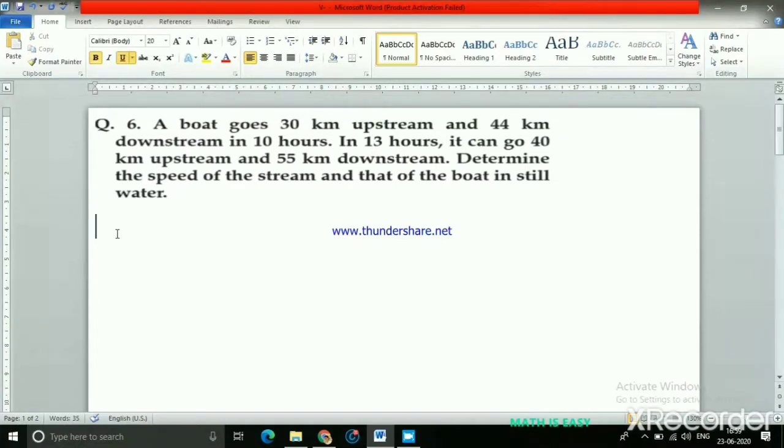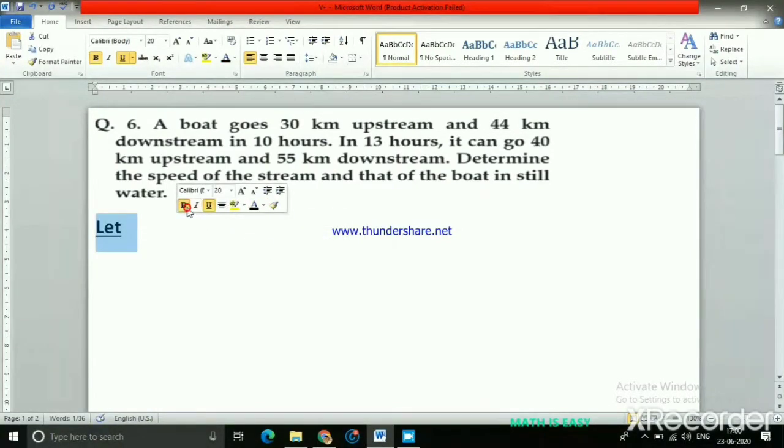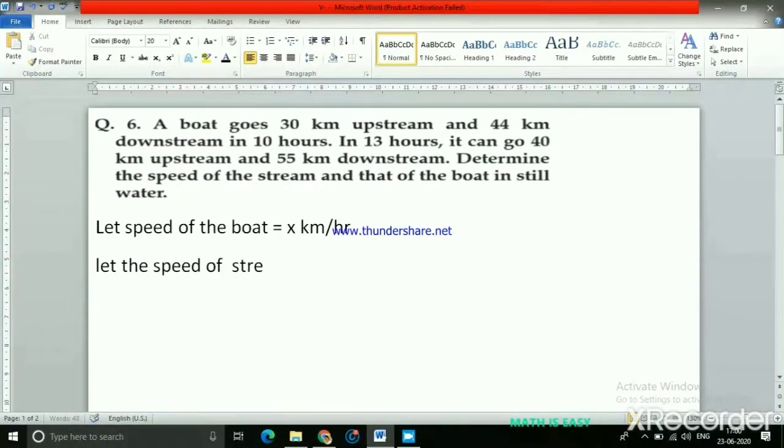So here, let the speed of the stream equal y kilometers per hour. Water is also moving, so it will be y kilometers per hour, and the boat is moving with x kilometers per hour.